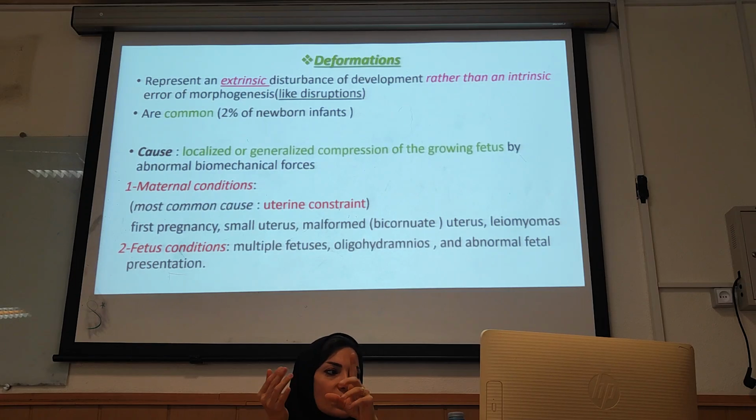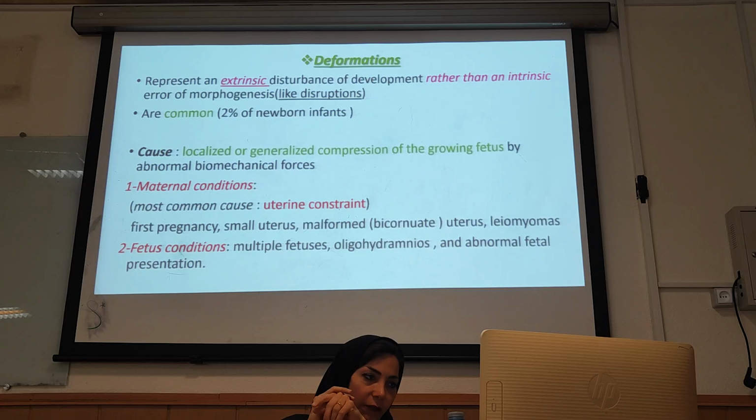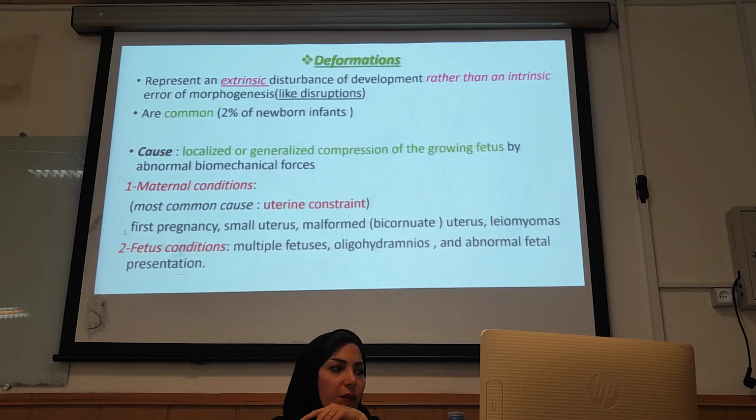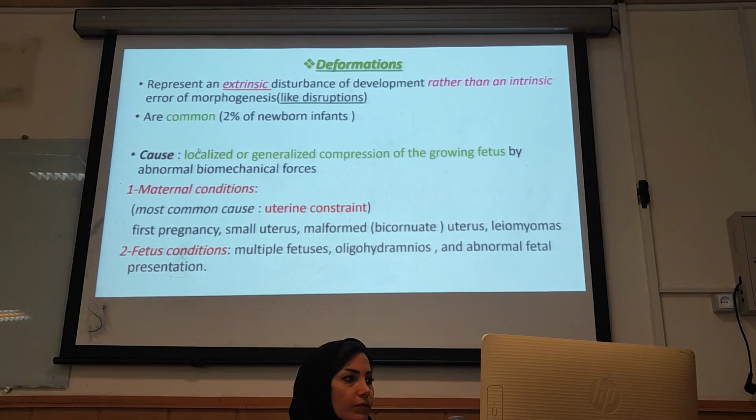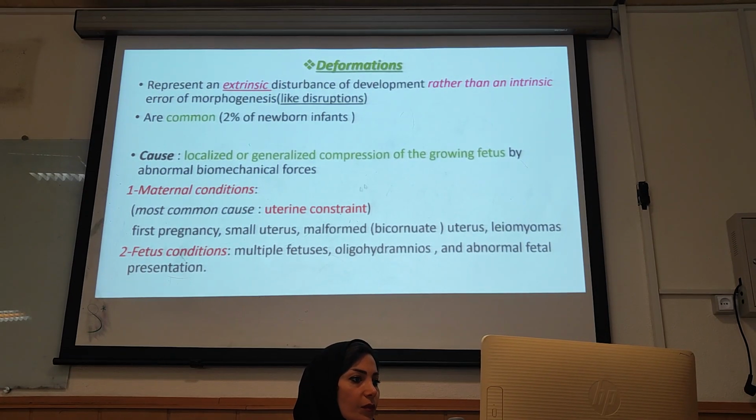So localized or generalized compression of the growing fetus by abnormal biomechanical forces can lead to deformations. Uterine constraint is the most common cause of the deformations. Okay. Maternal deformation. Okay.